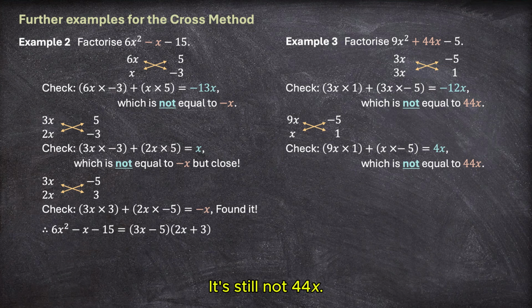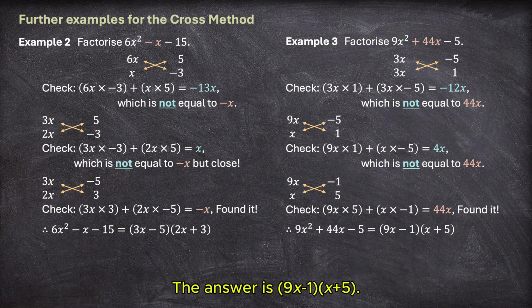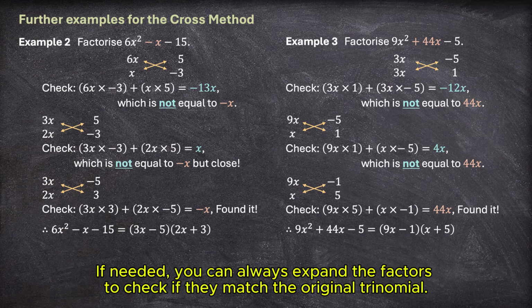It's still not 40x. Refine your terms further. Once the correct combination is found, place the terms from each row inside brackets. The answer is (9x - 1)(x + 5). If needed, you can always expand the factors to check if they match the original trinomial.